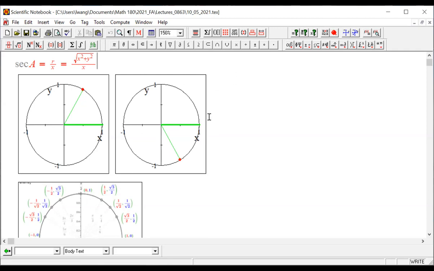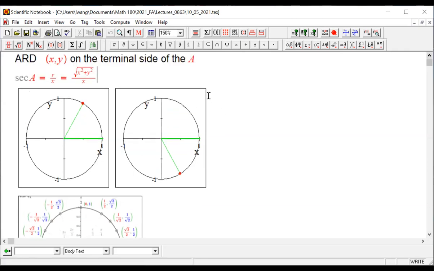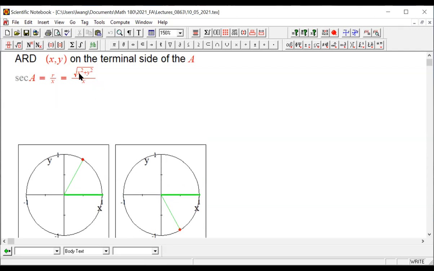Okay, so I'm going to show you some algebraic deriving from this process. I think this technique will be very, very useful for you. So we understand this piece.